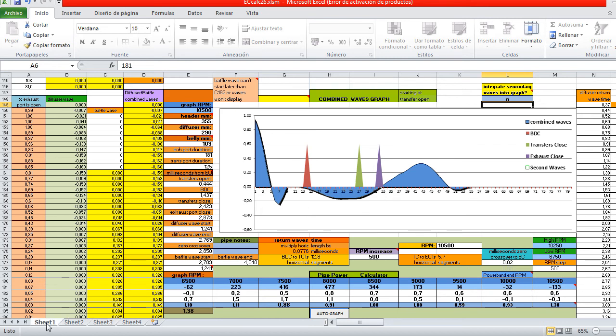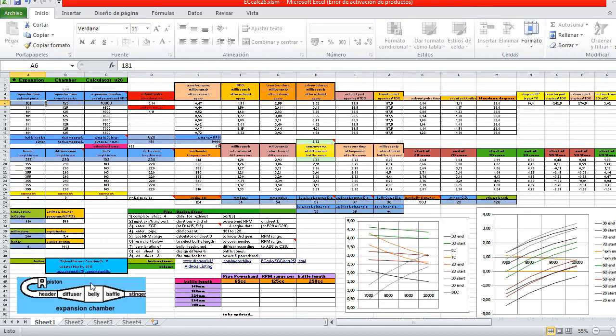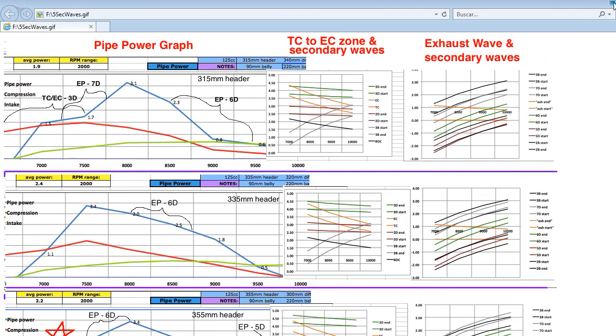So by the guidance here, it sets the correct overlap, the right length of the belly. So what you can do is you can lengthen the header or shorten the diffuser, or shorten the header and lengthen the diffuser by the same amount to keep that baffle the same distance from the piston. So that's what I have done on these graphs that I recorded.